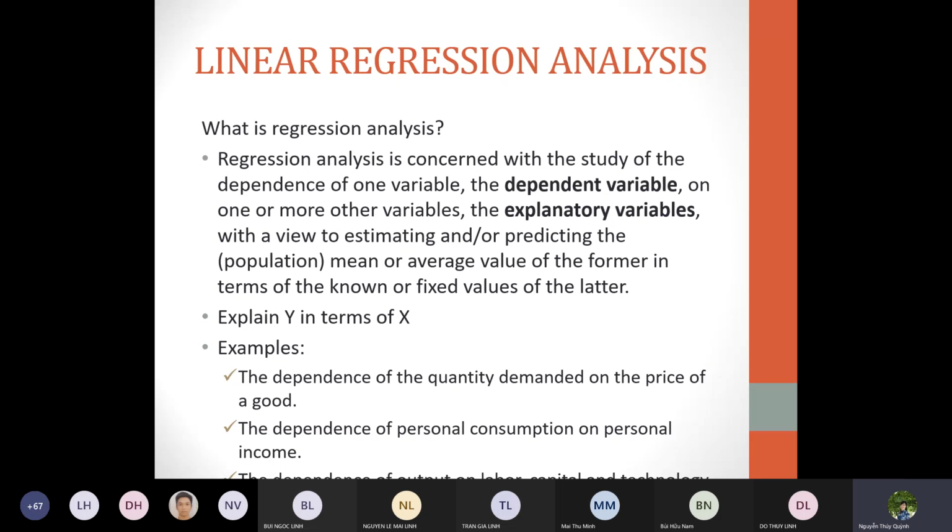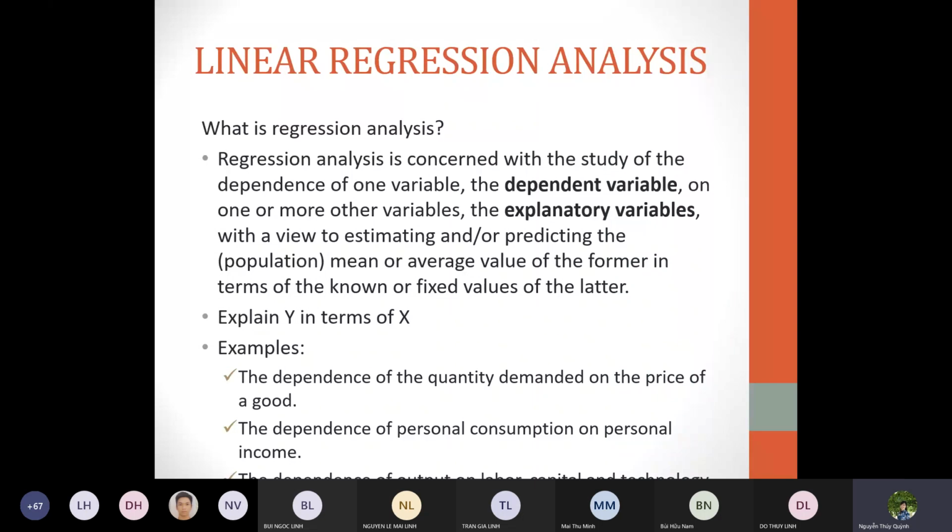Last time when we talked about the methodology of econometrics, I showed you the model in econometrics. We have two components in the model, that is variables and parameters. Parameters are constant, but variables have different values in different circumstances.